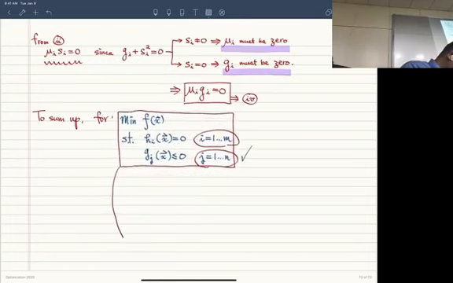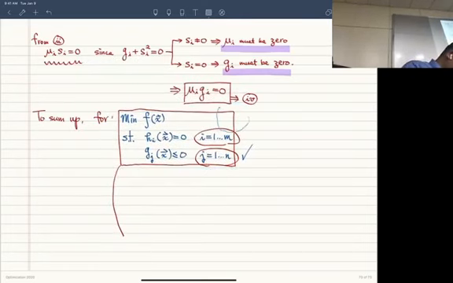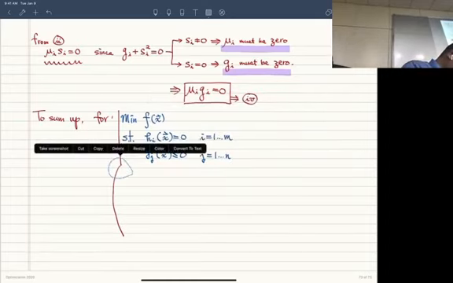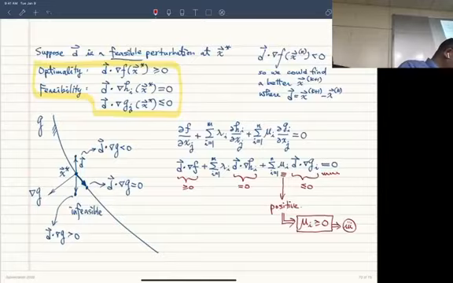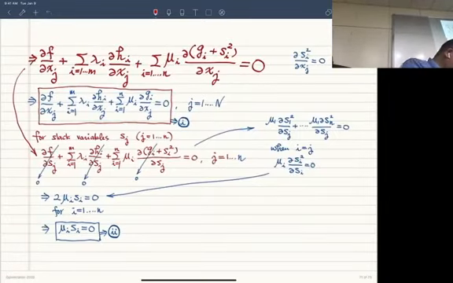For a general problem like this, what does the KKT condition say? The first condition actually is this one.